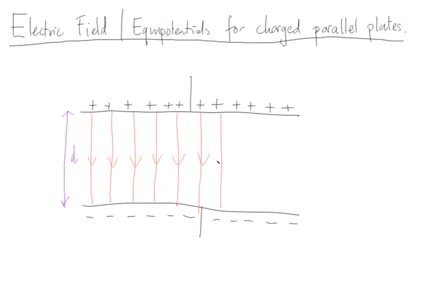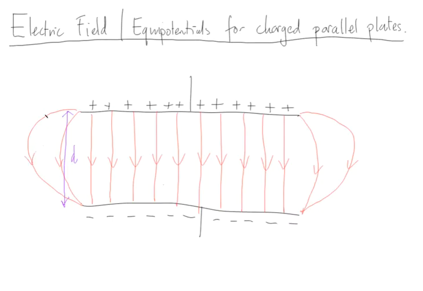Then the electric field goes from plus to minus, and it should be uniform in between the plates, perpendicular to the plates like this. As we get to the edge of the plates, it gets slightly curved like this, and then even more curved as we go further out and gets weaker. So the equipotential lines look something like this.